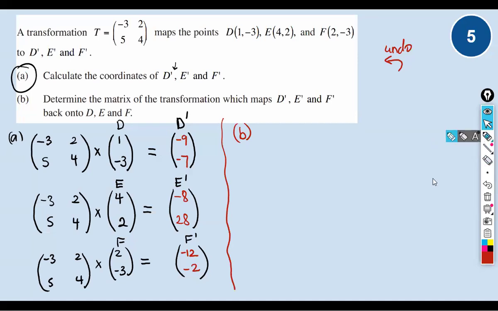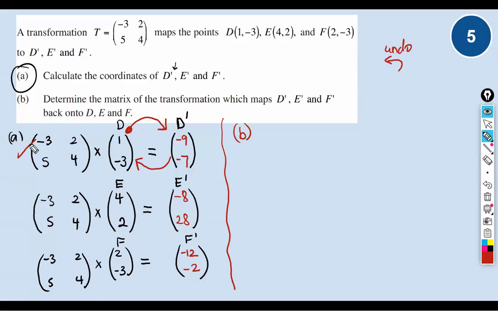You're reversing the process. In other words, let's say you move point D to D prime, but you're unhappy about that. So you want to take D prime and move it back to point D. You want to reverse the process. The inverse of a matrix reverses the process. That's an actual realistic use of an inverse.